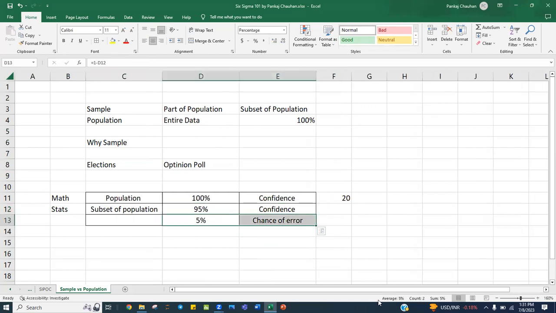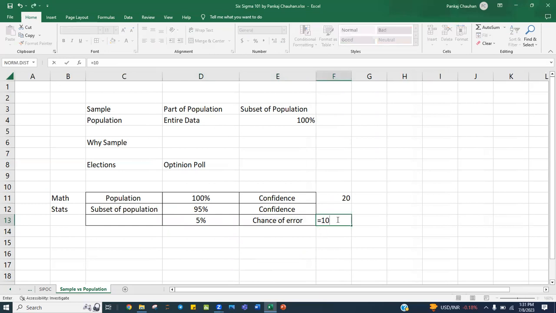So the chance of error will be 5%, which means if I ask you statistically what is 10 plus 10, the answer will not be exactly 20. Yes, it can be 20, but it may range from, suppose, 18 to 22. So what is this plus or minus 2 you are taking here?